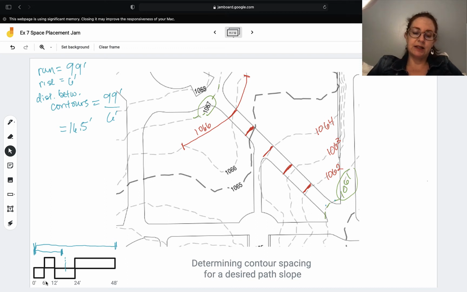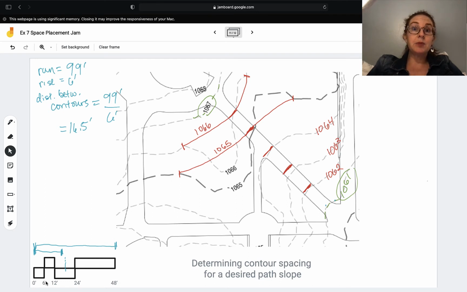So now 1065. I'm going to do something similar. I'm just going to tie in right there. And as I take that across, I'm going to tie it in over there. Here's my new 1065. All right, now on to 1064. Since I said earlier that the little path that we have right here, we're just going to imagine it's going away. I'm not going to worry about it.